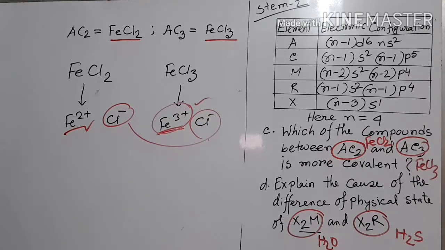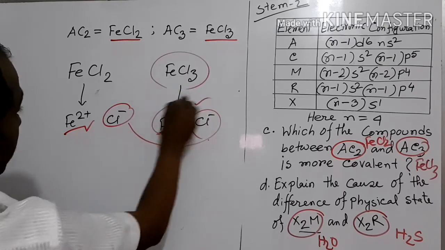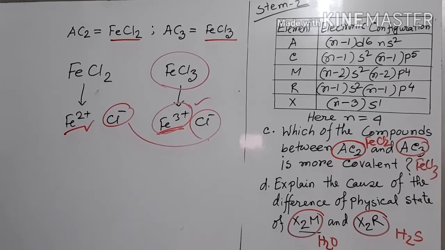According to Fajans' rule, the more the charge density, the more polarization occurs, and more covalent characteristics are shown by that compound. So FeCl3 shows more covalent properties. As a result, we can say that FeCl3 is more covalent than FeCl2.